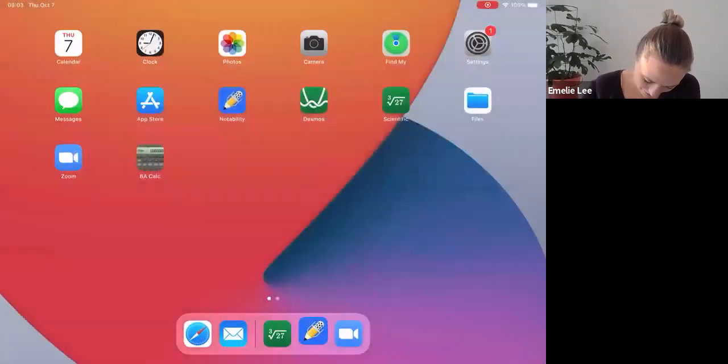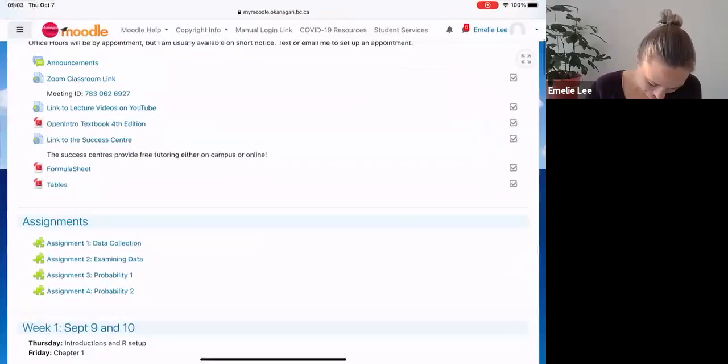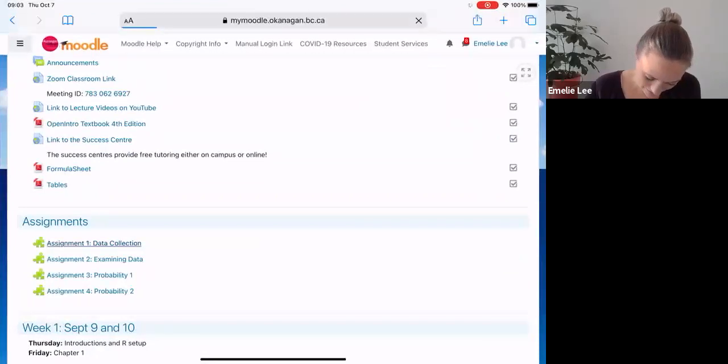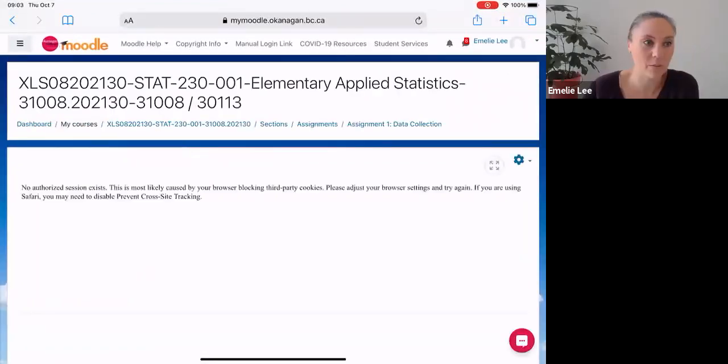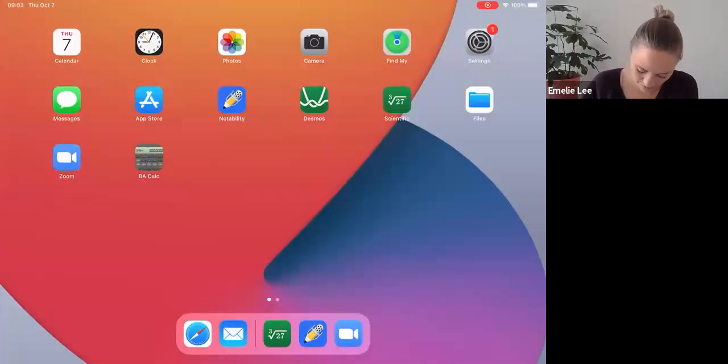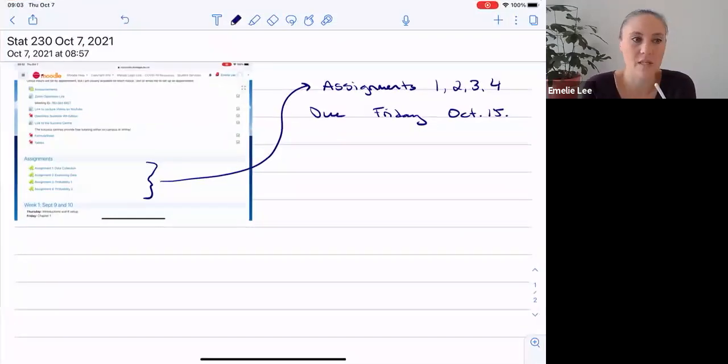I'll even show you. So they go in order of the stuff that we've covered. Oh yeah, the iPad doesn't like, okay, never mind. I can't show you, but you can have a look. It'll save your progress and stuff like that.